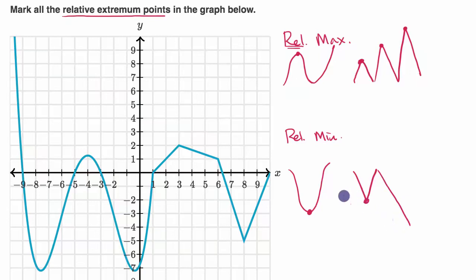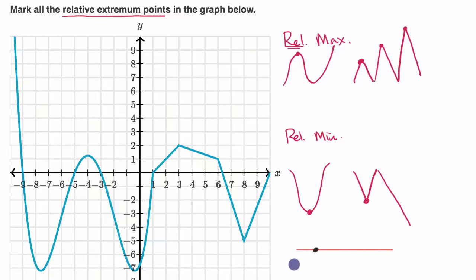Now there's also an edge case for both relative maxima and relative minima, and that's where the graph is flat. If you have parts of your function where it's just constant, these points would actually be both.